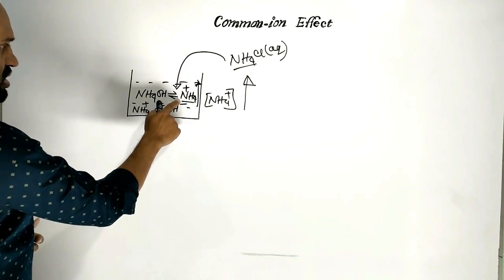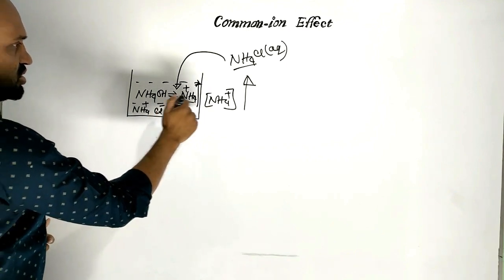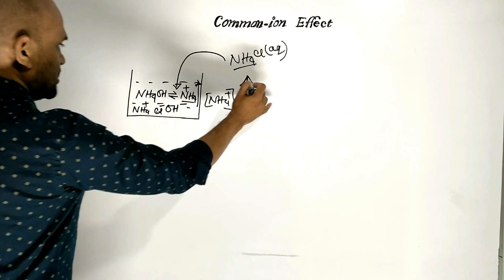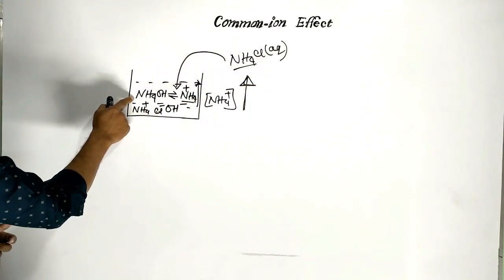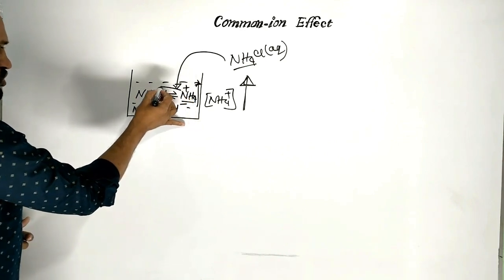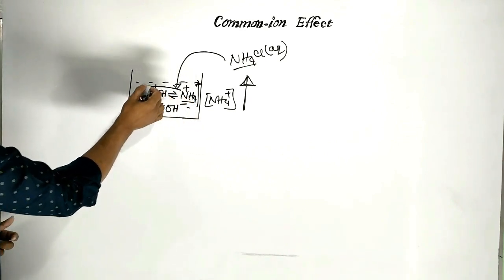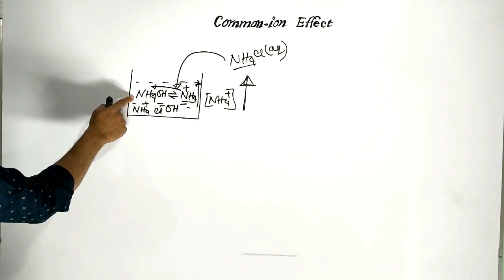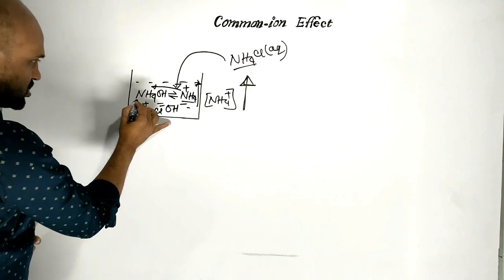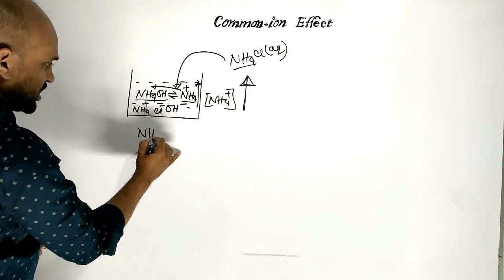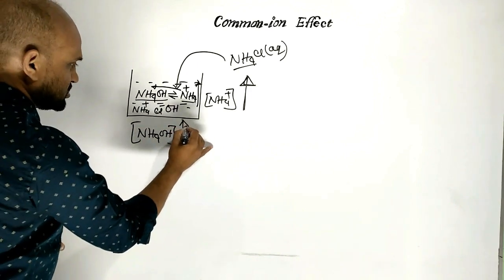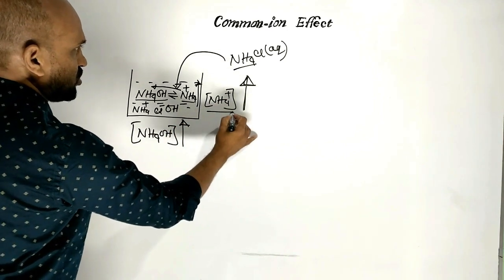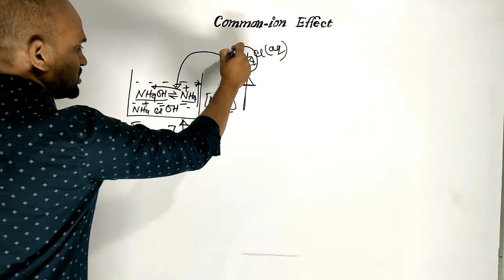As concentration of ammonium ion increases, according to Le Chatelier's principle or equilibrium law, this reversible reaction moves in the backward direction. It means the concentration of ammonium hydroxide increases due to common ion effect, ammonium ion.